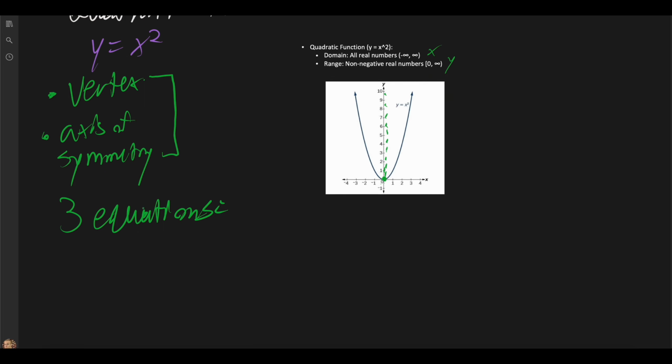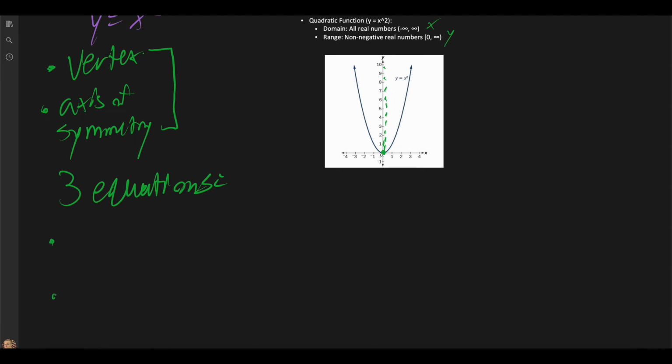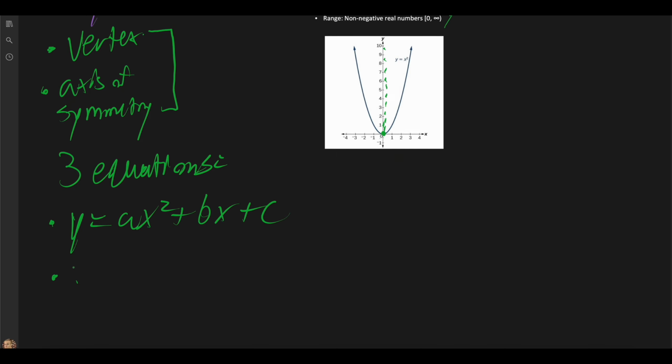And with quadratic functions, there are three typical equations that we will have to keep in mind. Our basic algebraic function of y is equal to ax squared plus bx plus c. Then we would also have x is equal to negative b plus or minus the square root of b squared minus 4ac, all over 2a.